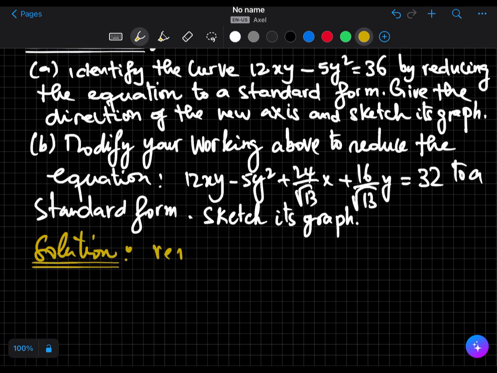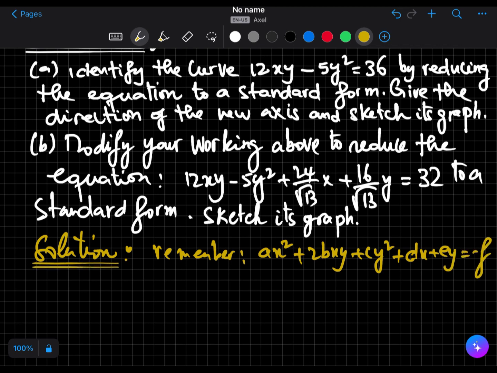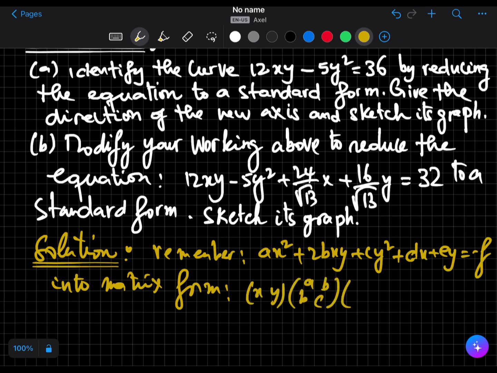Now, remember that for a quadratic form of two variables of the form ax squared plus 2bxy plus cy squared plus dx plus ey equal to minus f, it is equivalent to a matrix form, which is written as (x, y) times the matrix [a, b; b, c] times (x, y) plus (d, e) times (x, y) equal to minus f.